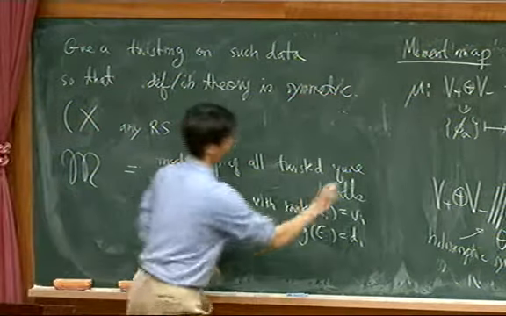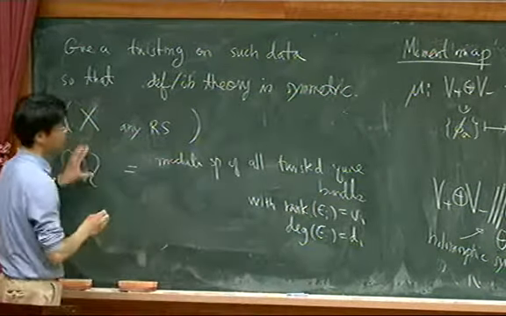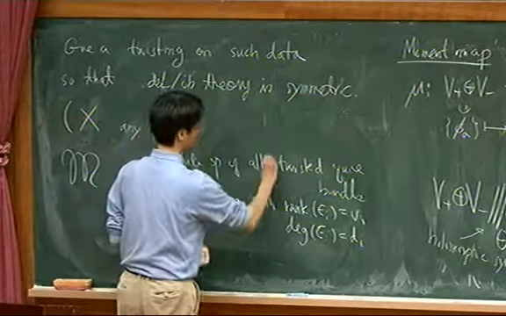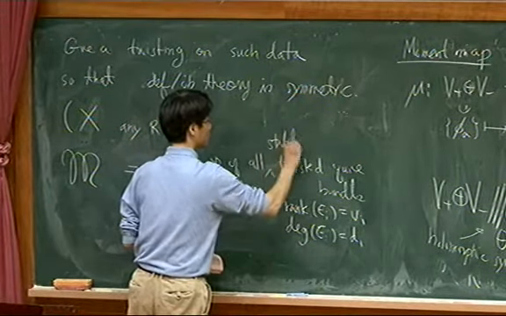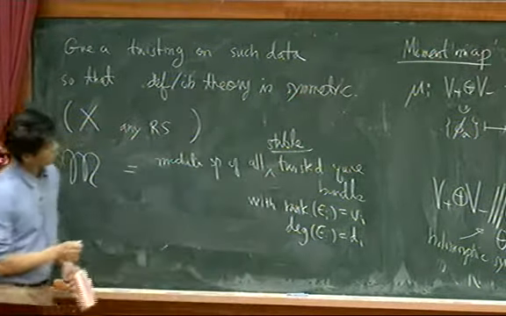Then this moduli space is too big, so we have to talk about some stability conditions, some stable twisted quiver bundles.